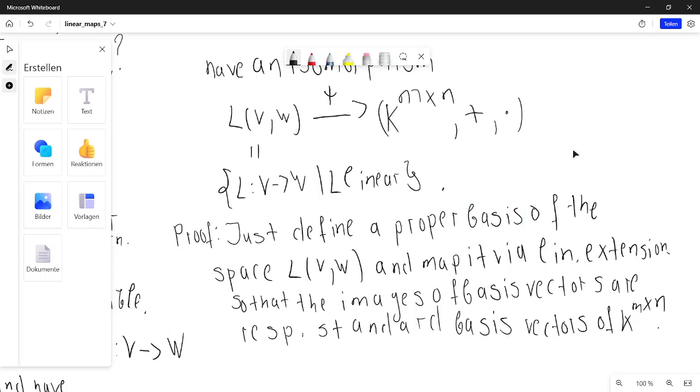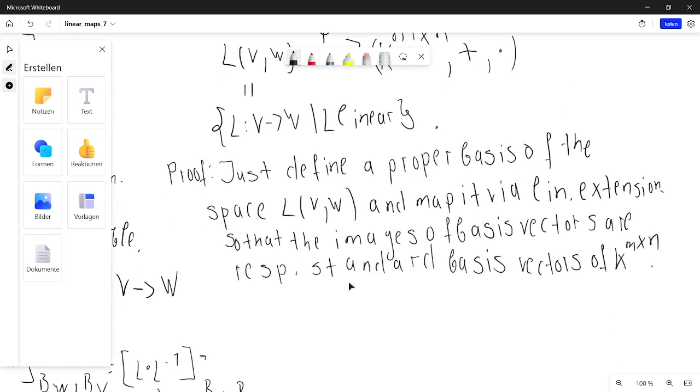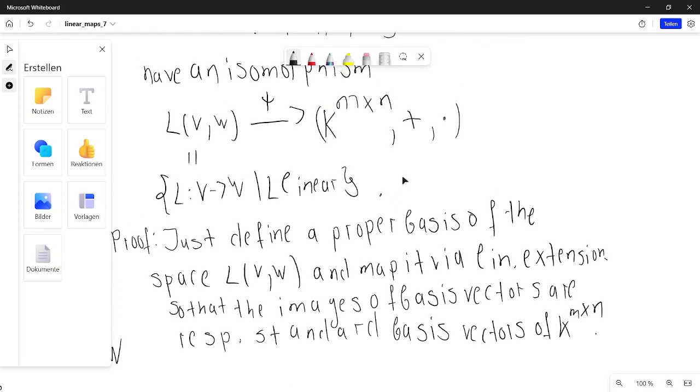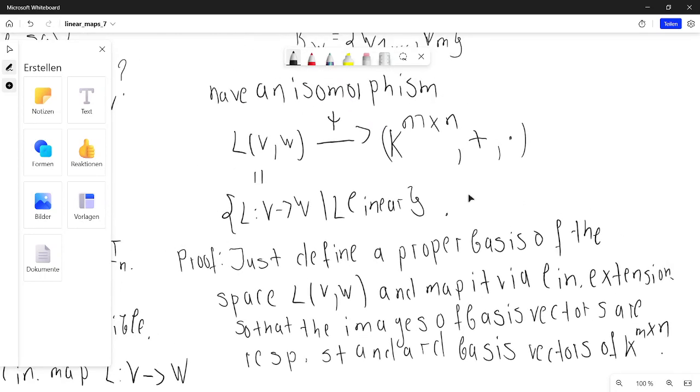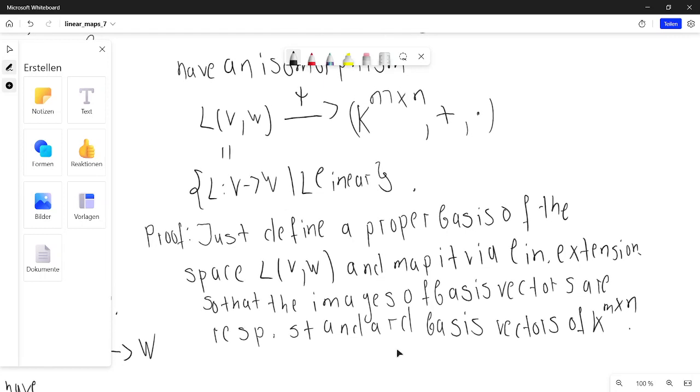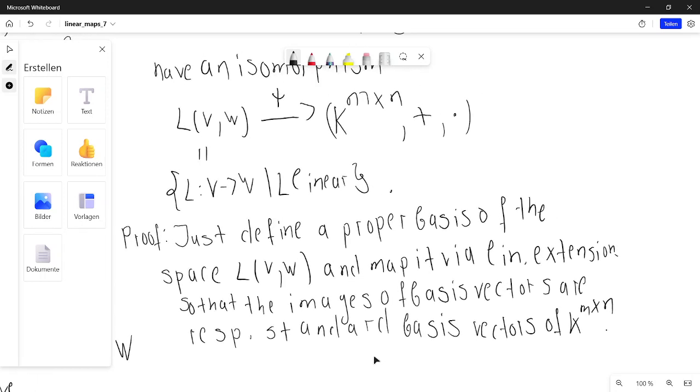All right. Well, why would this already give an isomorphism? Well, because the dimensions would be equal. Okay, we would have to define something, and the dimensions would be equal.